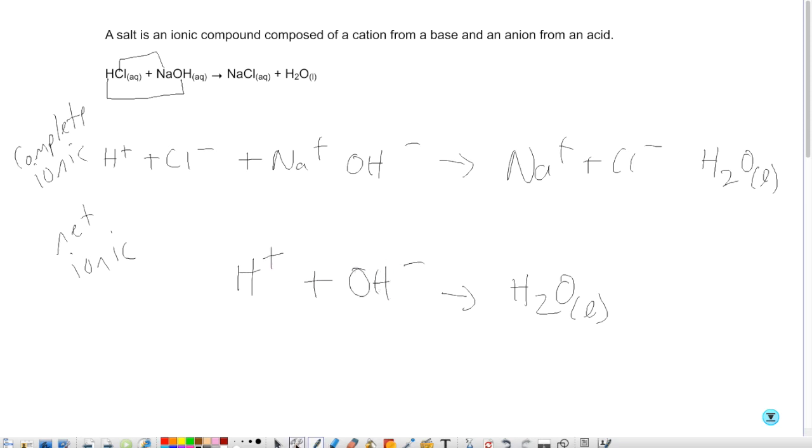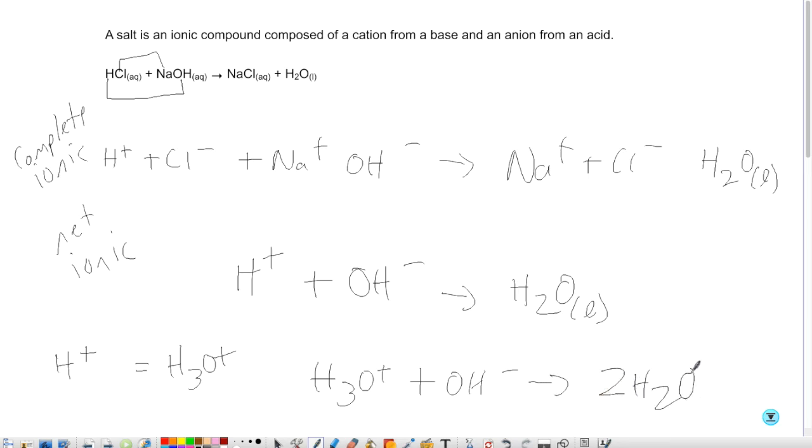Now, in your textbooks, or on some problems, one of the things you might have to keep in mind is that H plus is equivalent to H3O plus. But if I use H3O plus, hydronium ion plus hydroxide ion, it's going to change the chemical reaction a little bit. Not a big deal, but it is there.